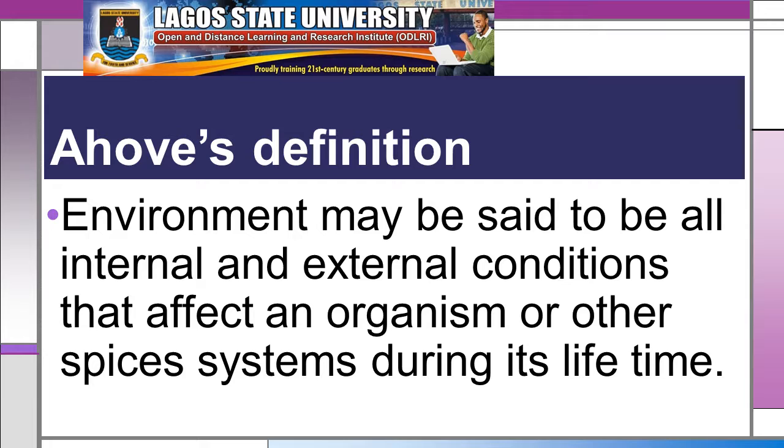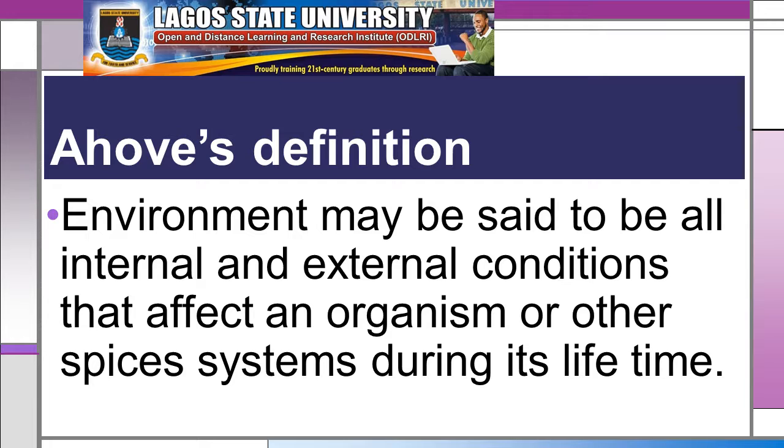So what I'm saying in this definition is that the environment is not limited to the external conditions alone. How about the internal condition? The internal condition that affects the organism is also part of the environment, and other species around that organism also influence that environment, and it has to be throughout the lifetime of that species.